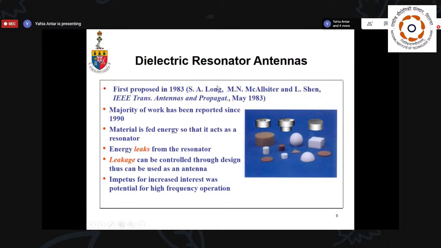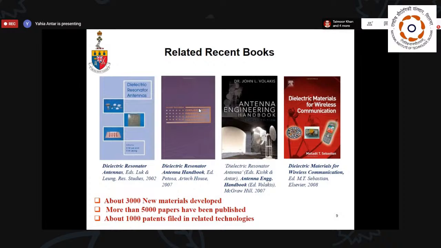The first recorded antenna was by Stuart Long, and that was quite an achievement at that time, when Stuart Long took some time off and worked for the US Army and developed those very first antennas. And since then, there has been quite a bit of work on that. Anybody who wants to start in the literature, well, there are a few books, and I'm sure there are some newer ones, but you can see the volume of literature.